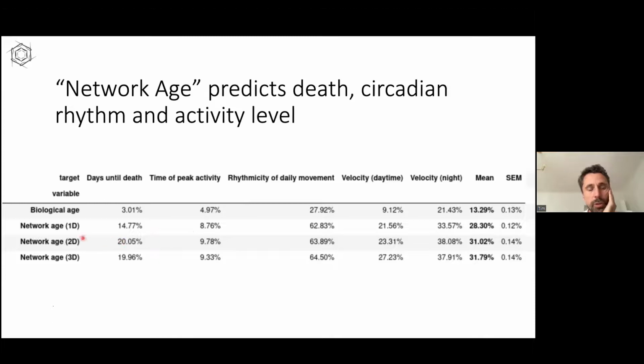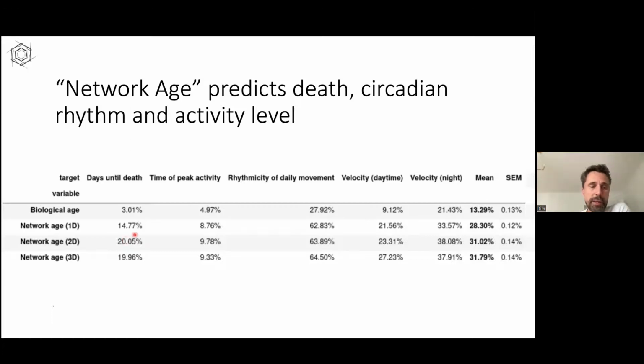And we can also use multidimensional network ages. They get better in the prediction of also other properties. So for example, the number of days until they die, or whether they die in the next week or so. This isn't possible using the biological age, but especially we believe due to the fact that network age predicts foragers much better, and foragers are the ones that risk their lives outside.